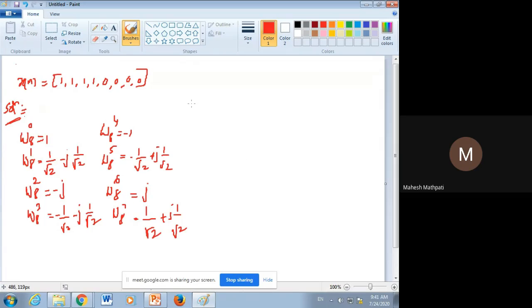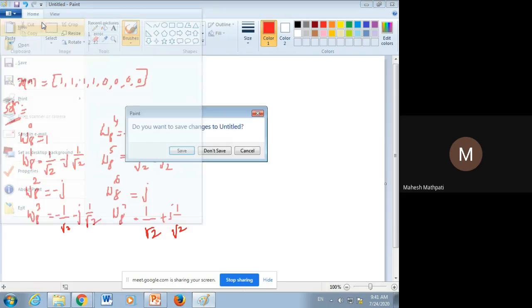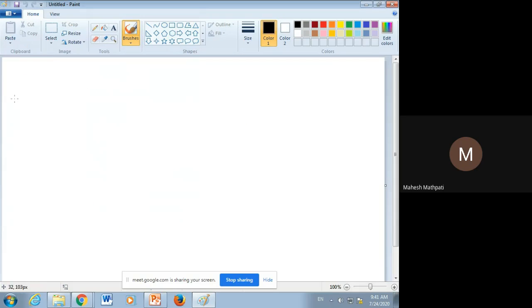The diagram is, let us draw the diagram. Let me take a new page wherein we can understand it very clearly.